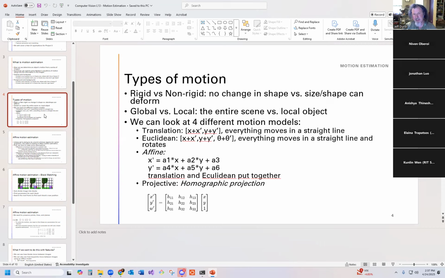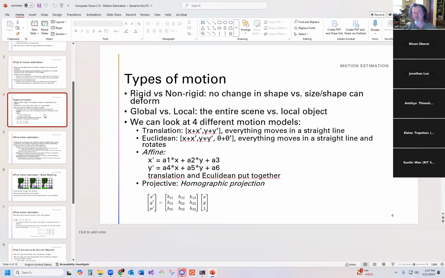And we said we can look at it a couple of different ways. We said we had four models. One was just everything in a straight line, where all we care about is delta X and delta Y. Another is where we care about delta X and delta Y, and now also rotations, which is Euclidean, and your old friend theta shows up.